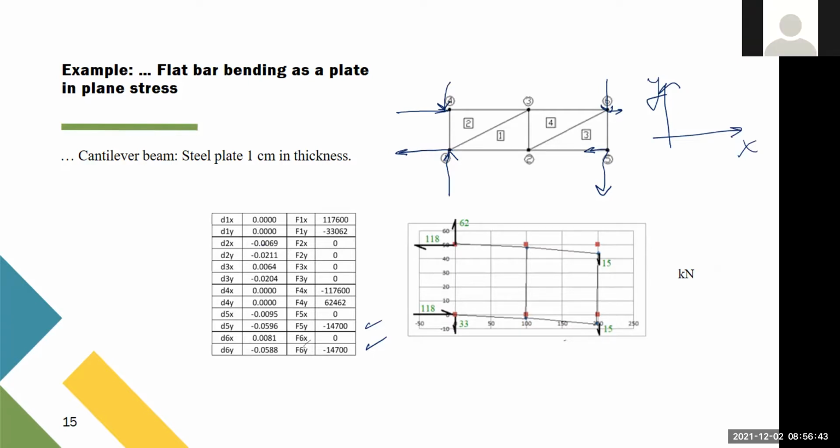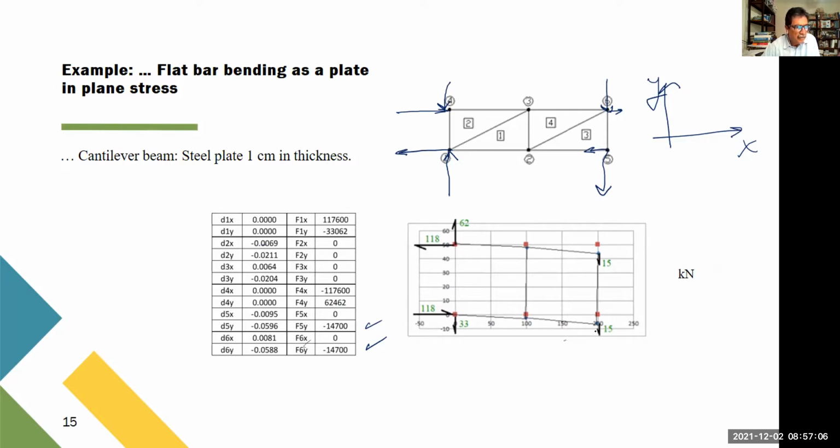Because the force 1 and 4 up is different from down, the direction. Yeah, but remember, you have one force here downwards and one force here downward, and also you have two forces downward here.